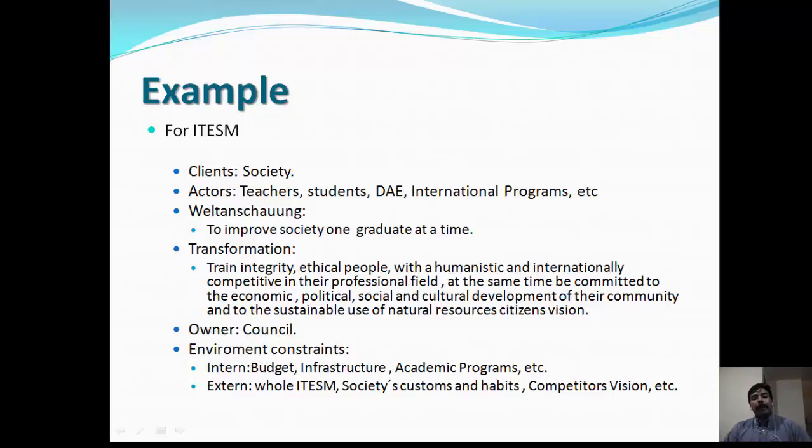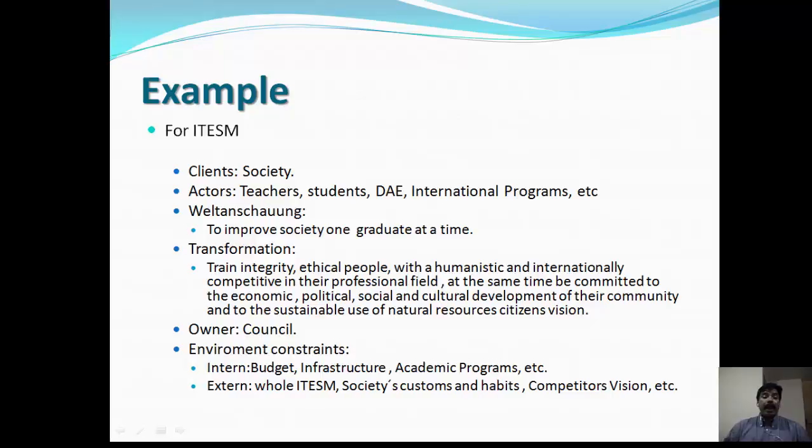And the environment constraints, I see them as intern and extern. Interns: the budget, the infrastructure again, academic problems, etc. Extern: the whole system, the whole Tecnológico, society's customs and habits. It's not the same having Tecnológico de Monterrey at Puebla as having it at Ciudad Obregón or in Tuxtla Gutiérrez, etc. The competitors' visions.